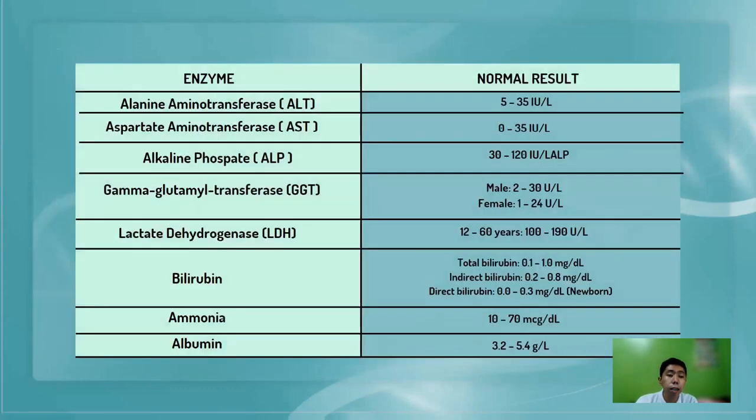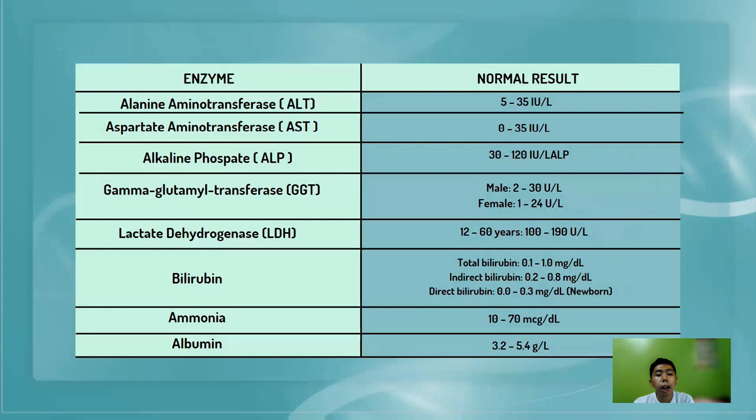And these are the enzymes and their normal results. First, the alanine aminotransferase or ALT. Its normal result is 5 to 35 international units per liter. And next, aspartate aminotransferase or AST. Its normal result is 0 to 35 international units per liter.